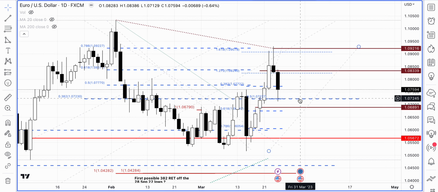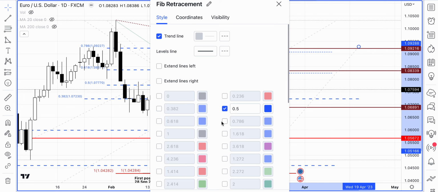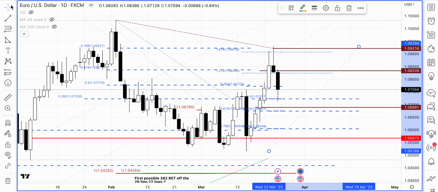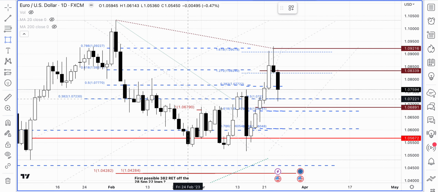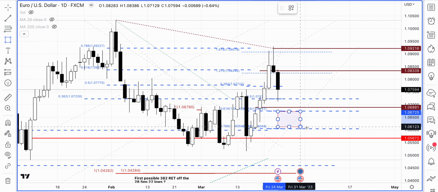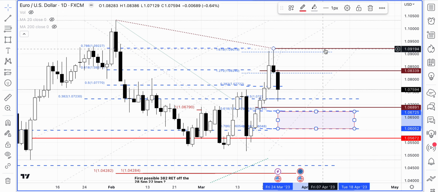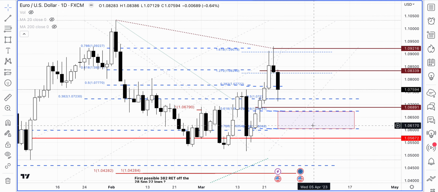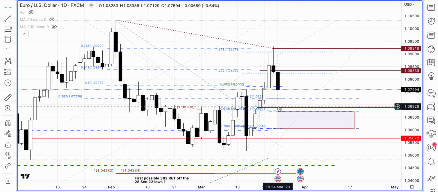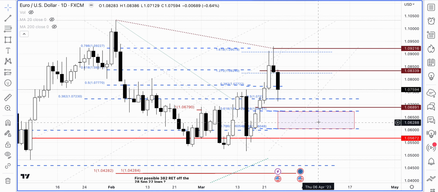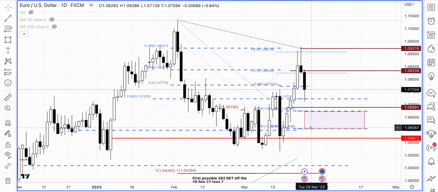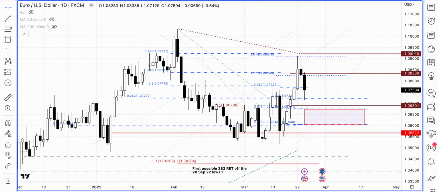However, what could also happen is that it could go much deeper into this area here, which is the 61.8% Fibonacci retracement and the 78.6% retracement. So it looks like if the Euro USD is going to get stronger, this is the area where we might find some support.